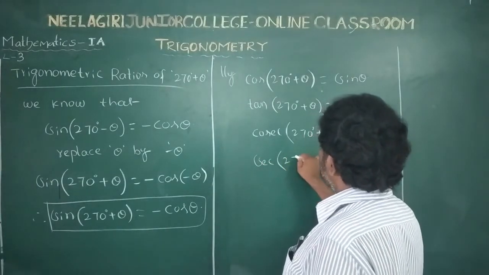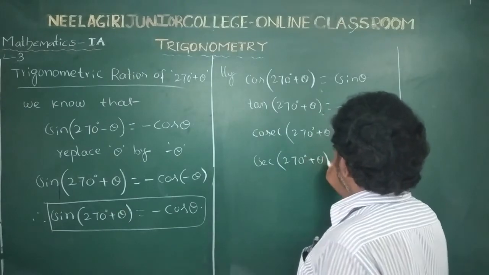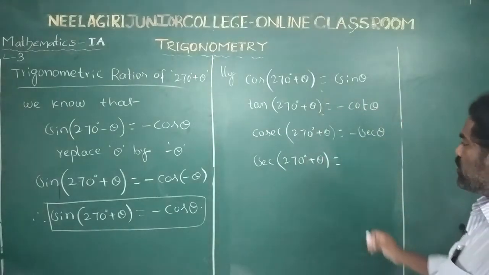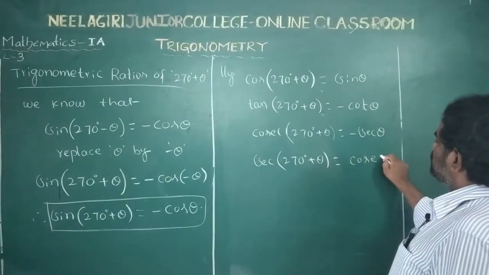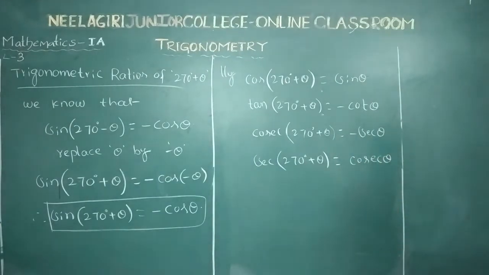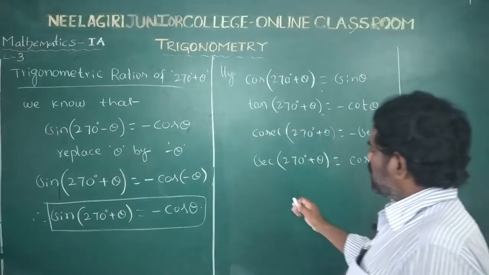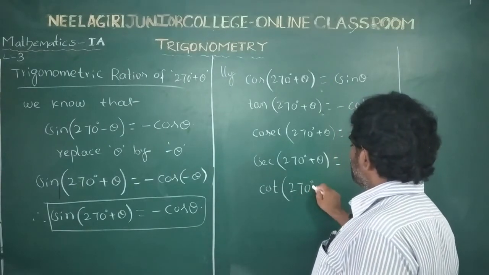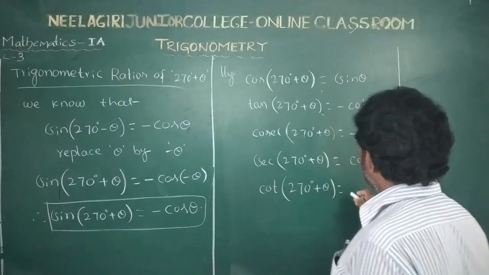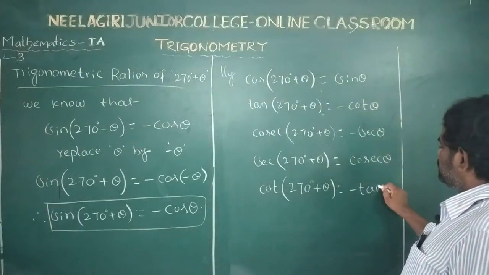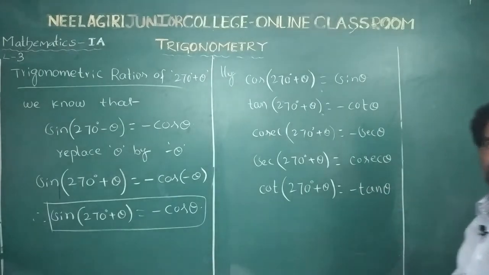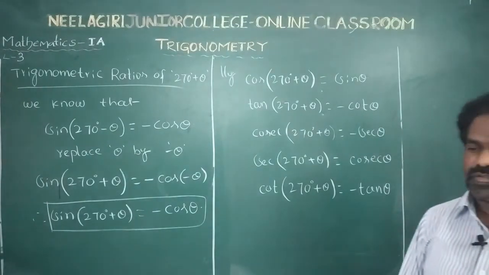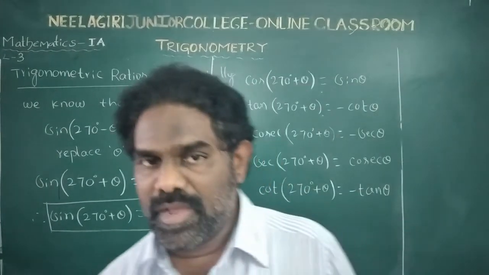Sec 270 plus theta equals plus cosec theta. Okay. Now cot 270 plus theta equals minus tan theta. Understand? Next, our continuation is we are going to write the trigonometric ratios of 360 minus theta.